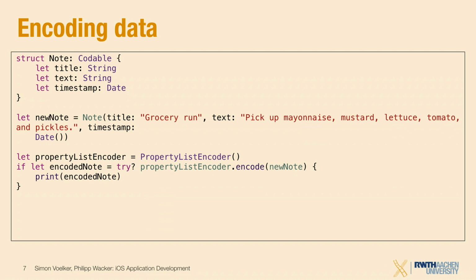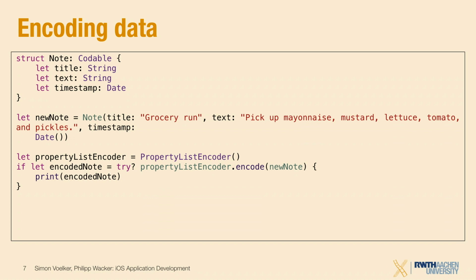So how do we encode this? First of all, we need a PropertyListEncoder. That's just a class. You just initialize that, and then you encode the node by saying, okay, propertyListEncoder encode newNode, and then let's print it out. However, you see this little keyword that we have to add here, this try.